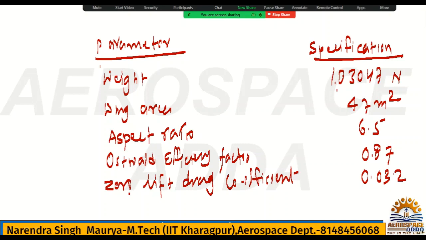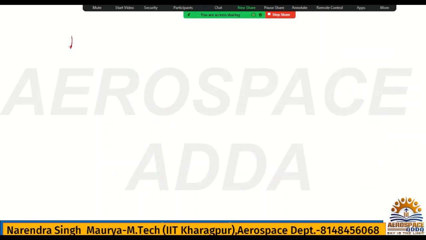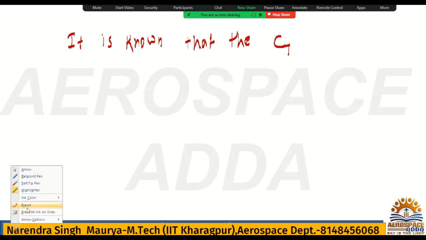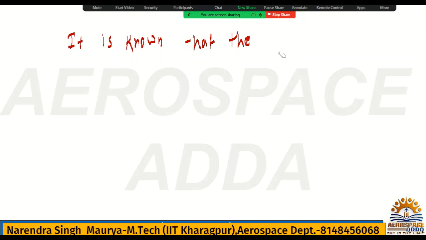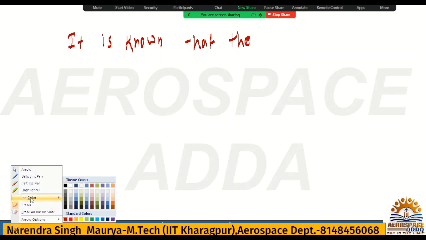Done. Fine. Now next it is known that the thrust specific fuel consumption, means CT. What is the CT? It is the thrust specific fuel consumption they have given in words. Okay.